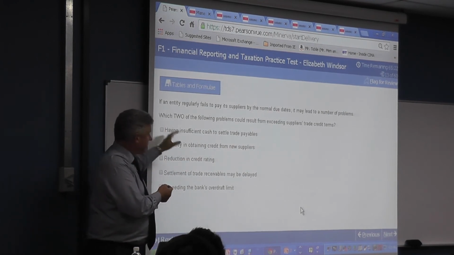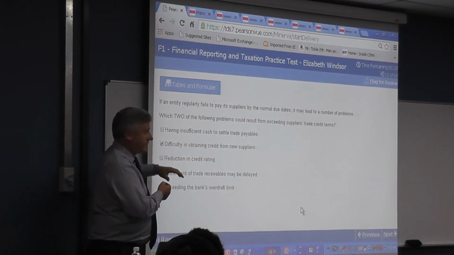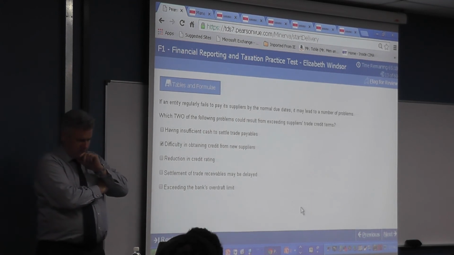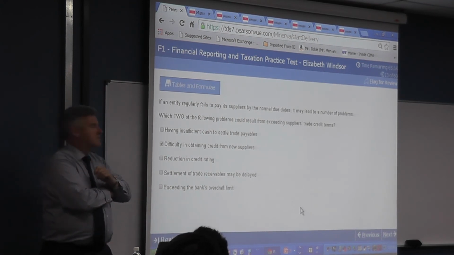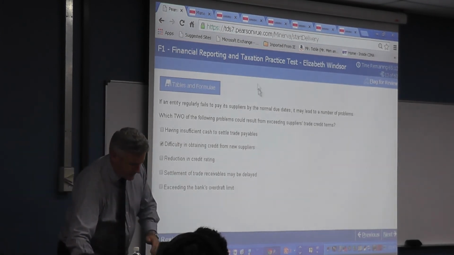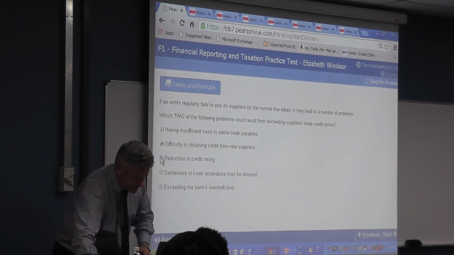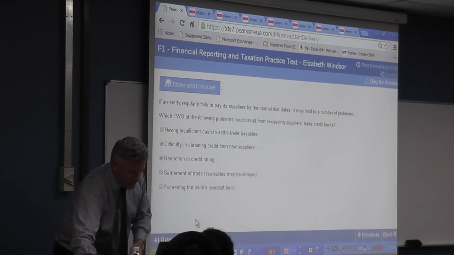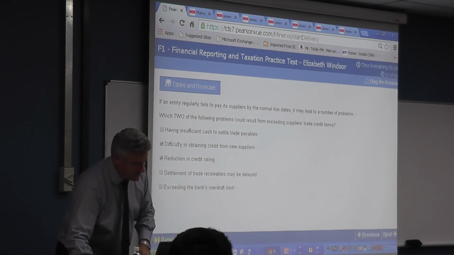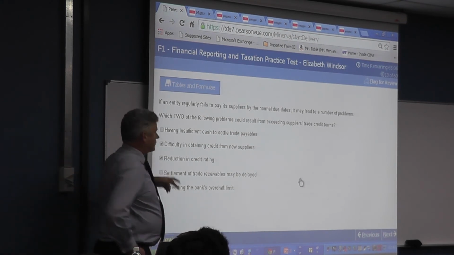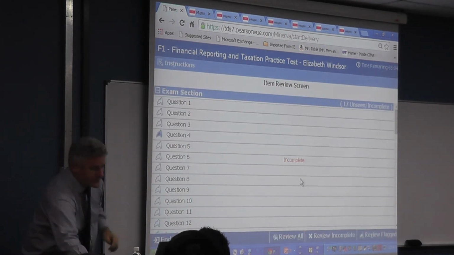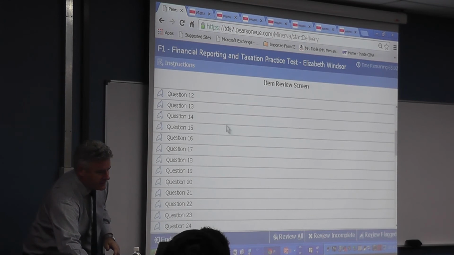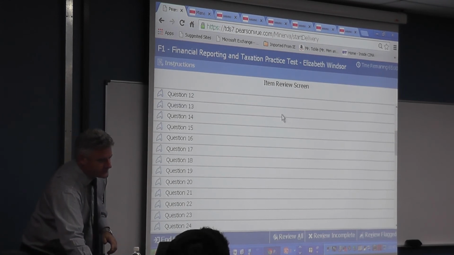And it said, you've got to review this, it's incomplete. So I'm looking at this thinking, I remember that one. What's wrong? Oh, it asked for 2, I only put in 1. And I think it was something about reduction in credit rating. There we go. So that's sorted out. Review the screen. So go to the review screen and it will come up that question 13 is clear. Yeah, there we are, 13 clear.